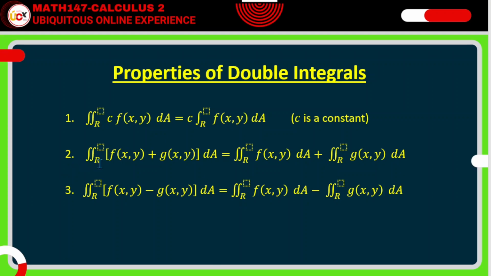Next, number 2, the double integral of f of xy plus g of xy times the change in the area over this rectangular region R is equal to the sum of the double integral of each function.